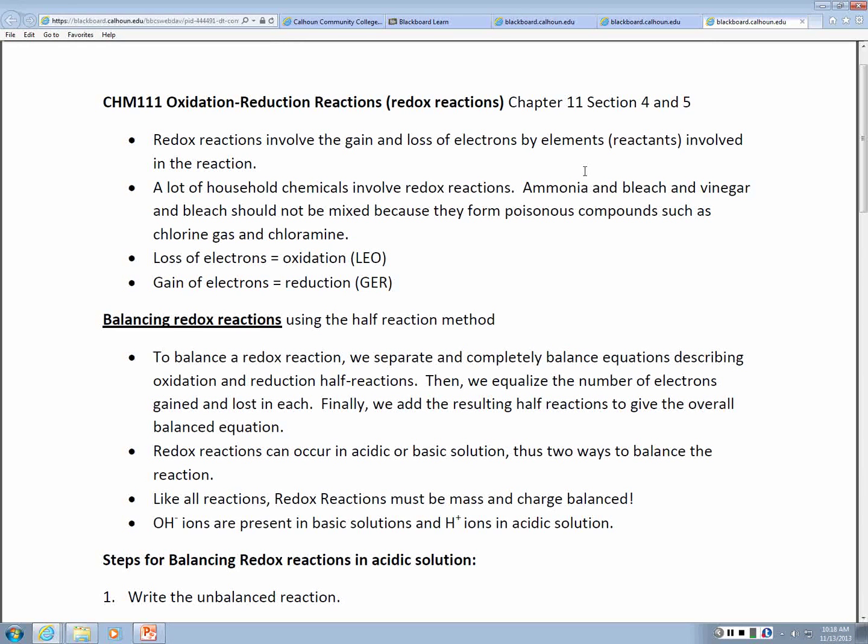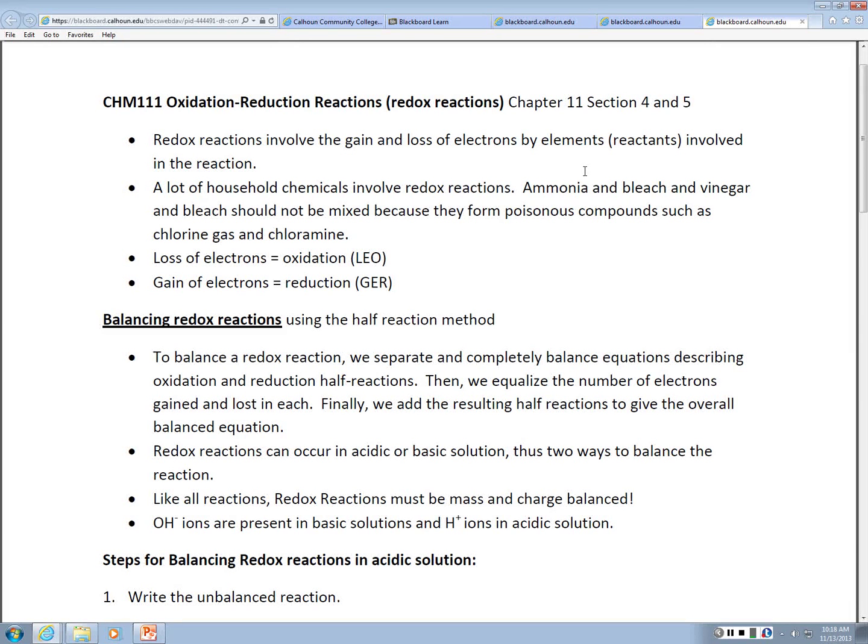Two things I wanted to point out here. For ammonia, bleach, and vinegar, hopefully you already know this, but you do not want to mix these together. If you are cleaning, ammonia and bleach do not need to be mixed together. Does anybody know why?